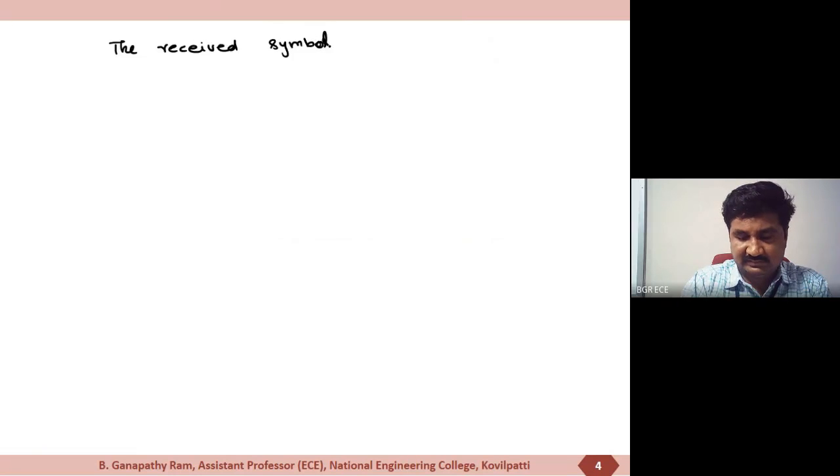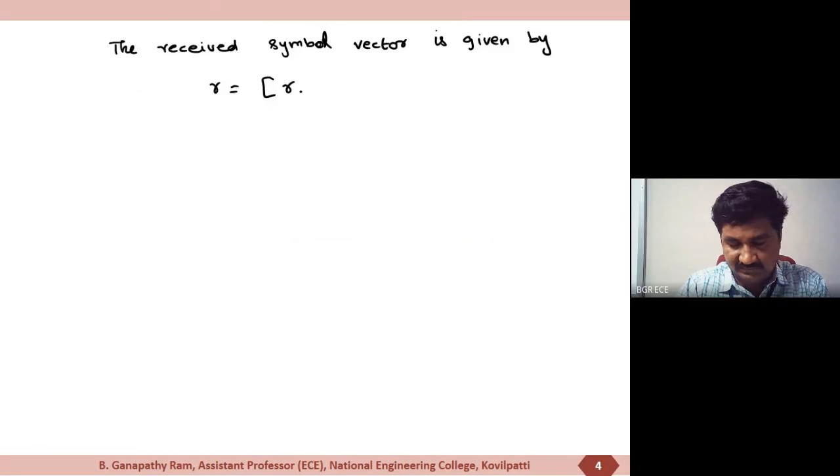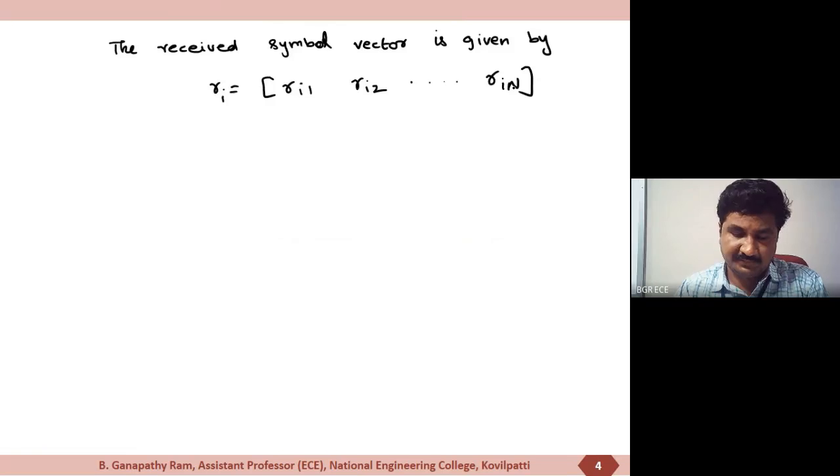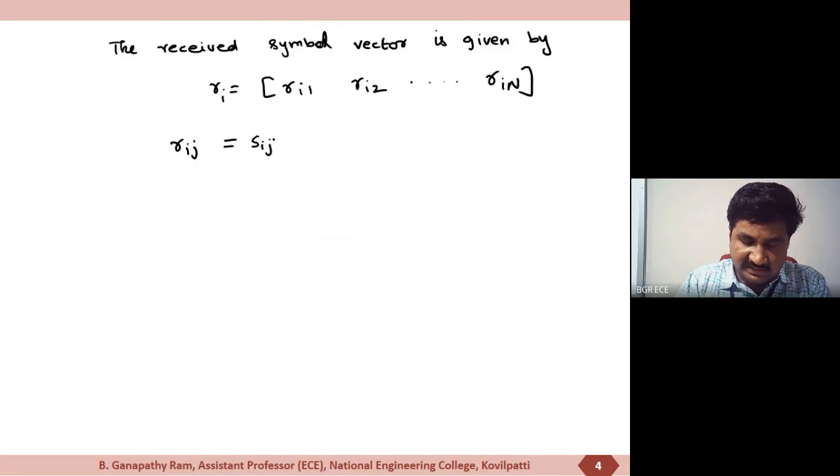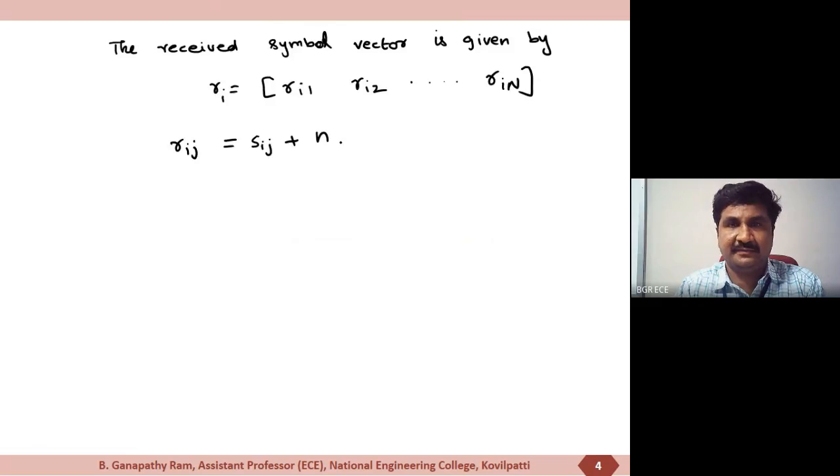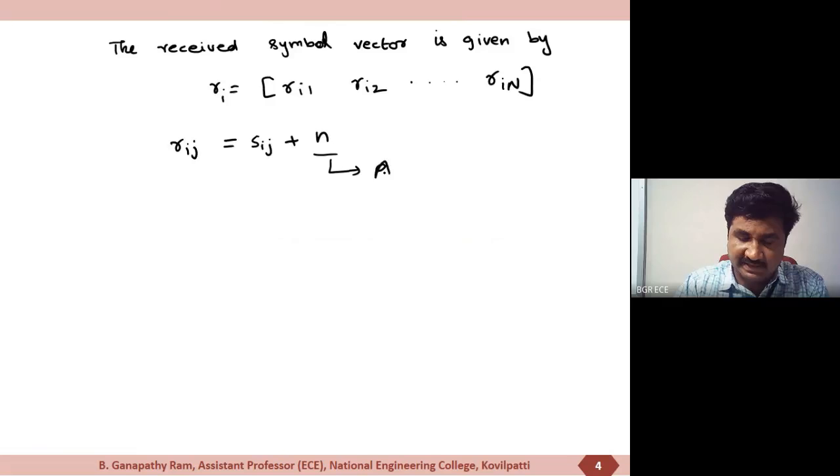So the received vector can be written as follows. Each received element Rij is represented by Sij plus n, where n is the additive white Gaussian noise.